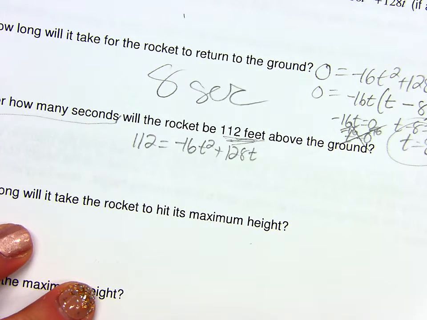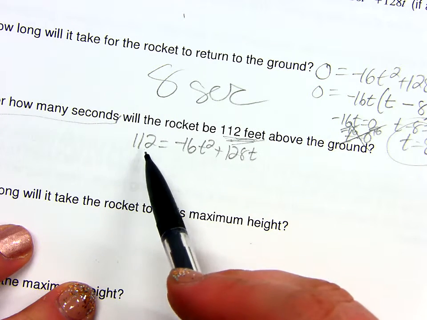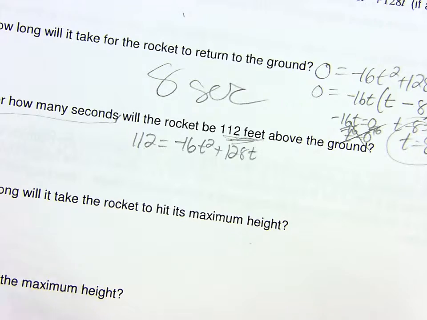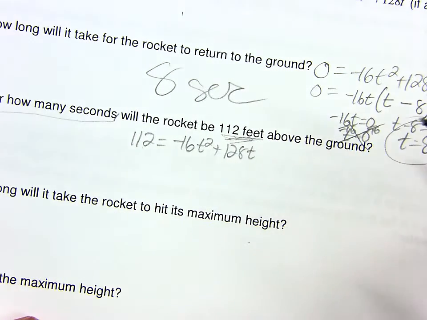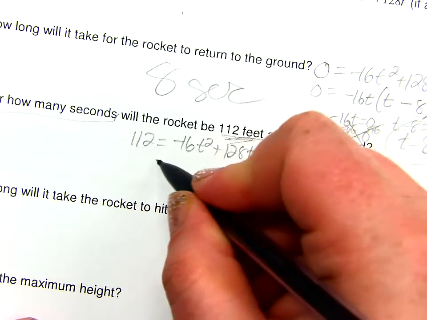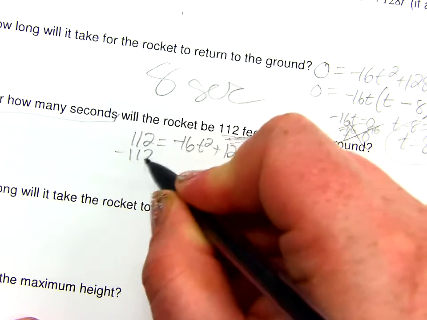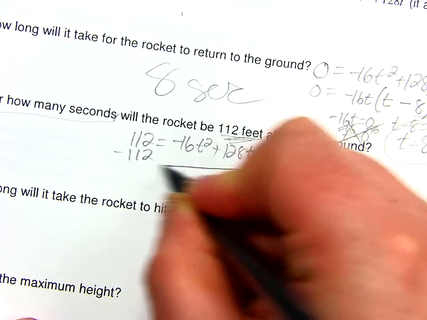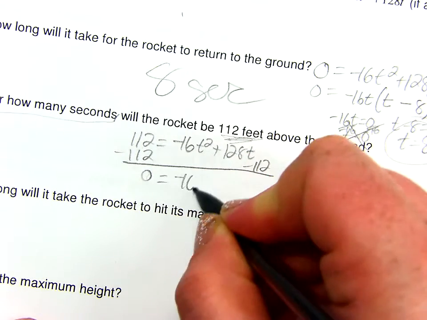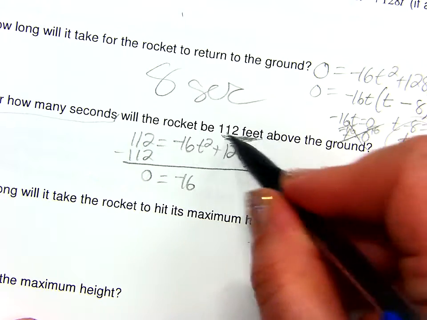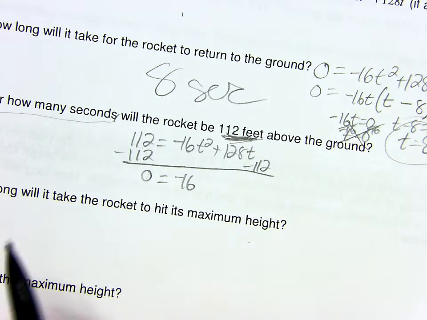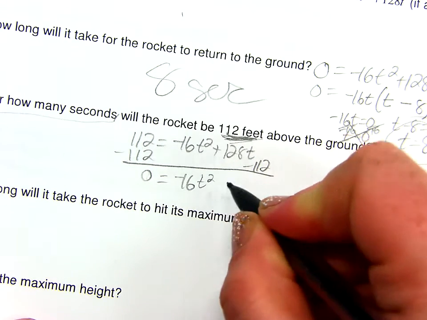Guys, it's a quadratic again. The only thing new about the word problems is plugging in the number for the right variable. Because once you do it, then it's just a quadratic and you solve it like you already know how. I want to set it equal to 0, so I would subtract the 112 as my first step, because that was the height I'm trying to solve for.